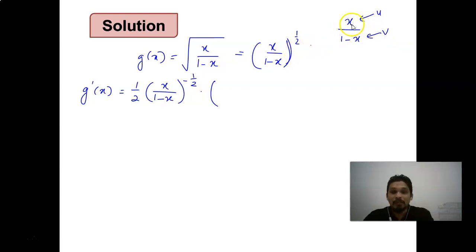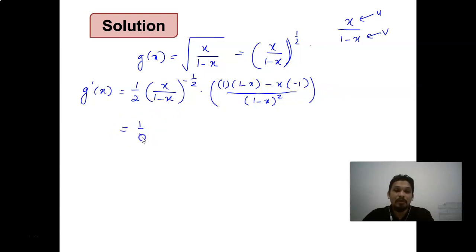u prime, differentiate x, equals 1 multiplied with v, 1 minus x, minus u, which is x, times v prime, differentiate 1 minus x, negative 1, divided by v squared, or (1 minus x) squared.